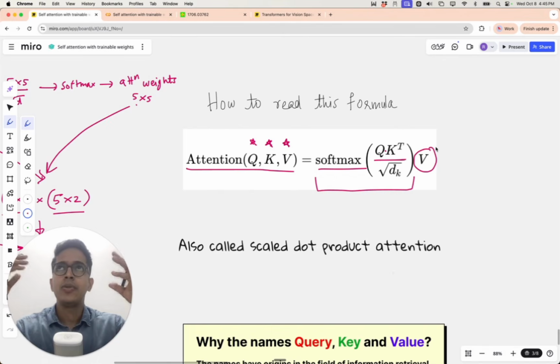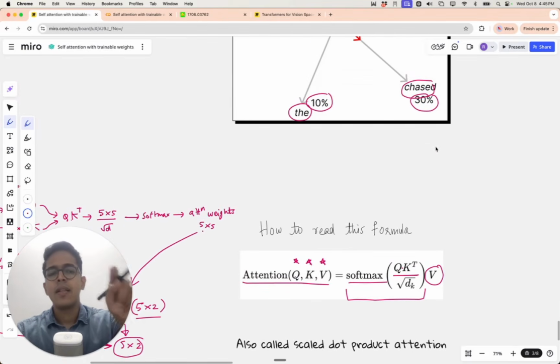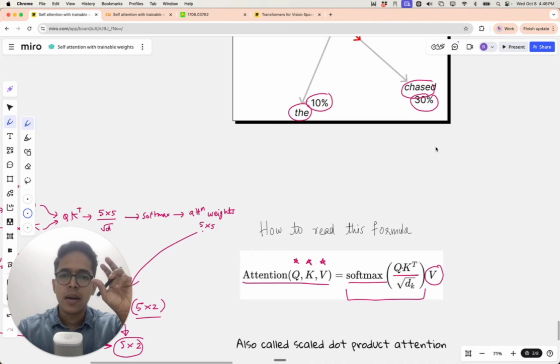So why did we introduce query, key, and value? Because directly taking the dot product between input embeddings was not good, as you saw in the example of the dog: it should have paid more attention to ball than dog. But because you are taking a direct dot product between vectors, your context vector and attention scores were not very good.